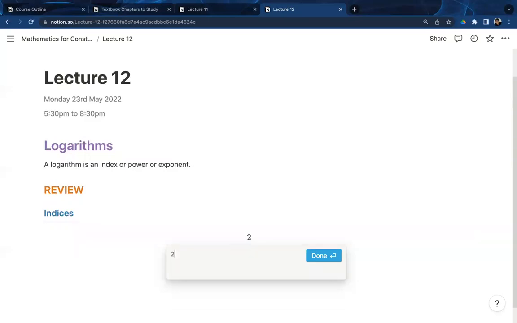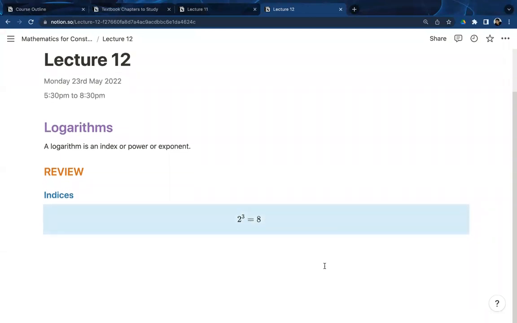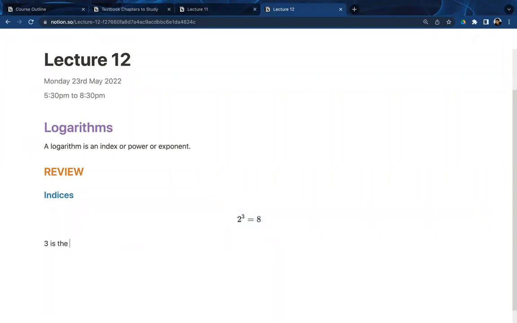Say 2 to the power 3 is equal to 8, right? That's a familiar equation, right? 3 is the power, or index, or exponent, right?